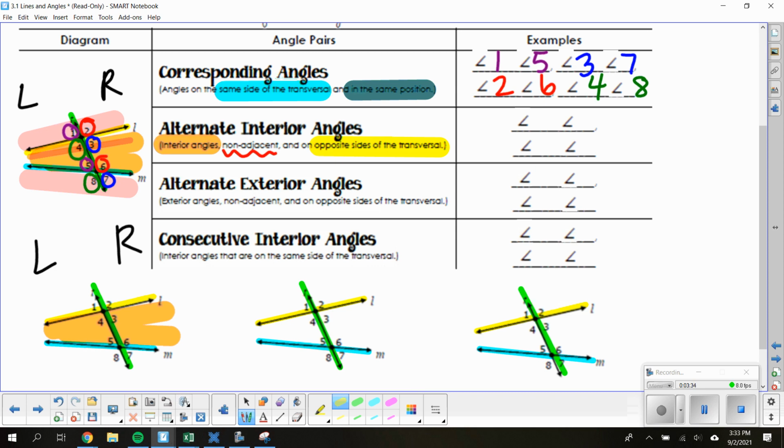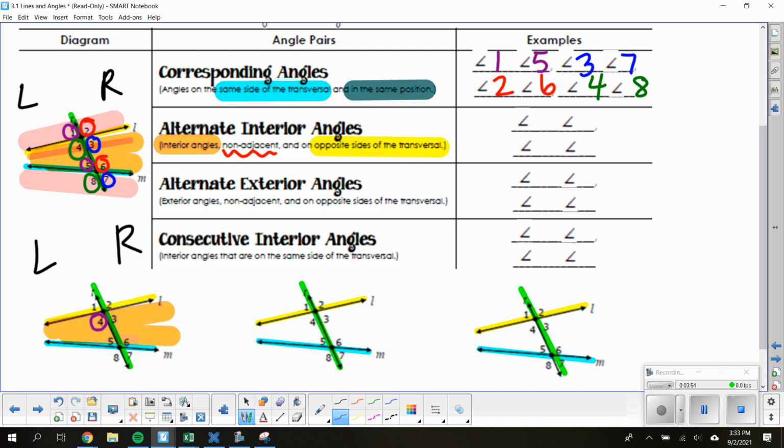I have to choose from inside on that orange region. So one of them could be angle 4. It's on the inside, in between lines L and M. Now, I have to be non-adjacent, so not touching. So I can't be 3, because if I'm 3, 4 and 3 are touching.